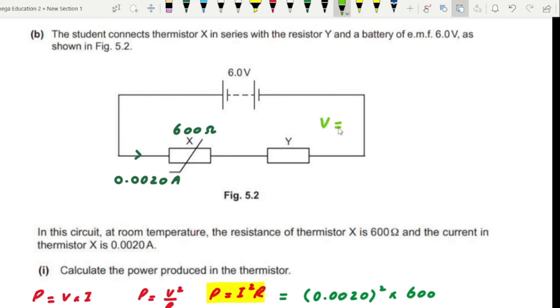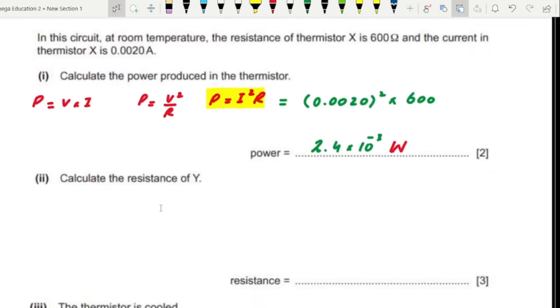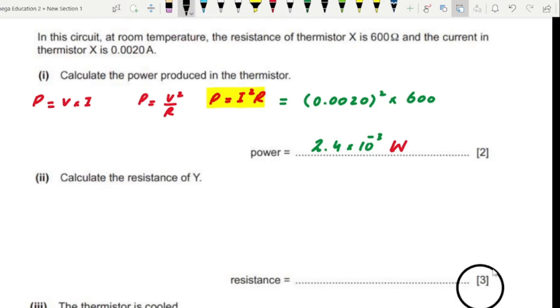The most famous one is V equals I times R, and if you rearrange it for R, then R would be V over I. This one is 3 marks, so it's obvious that you have to do some indirect calculations.